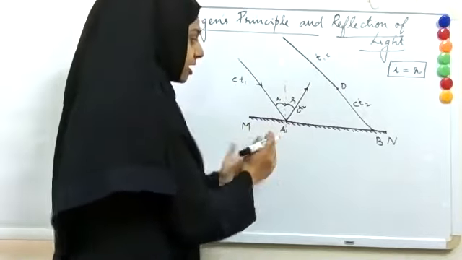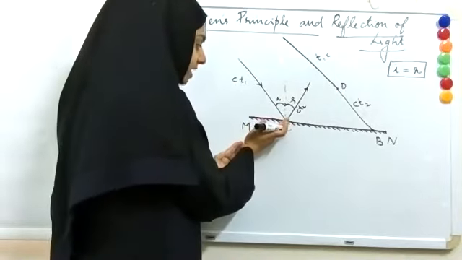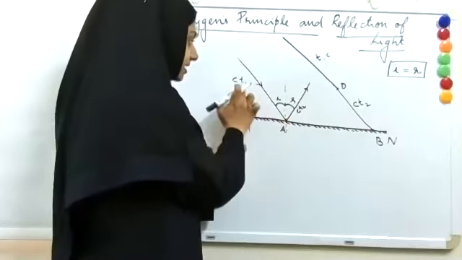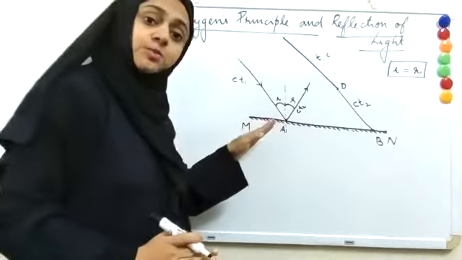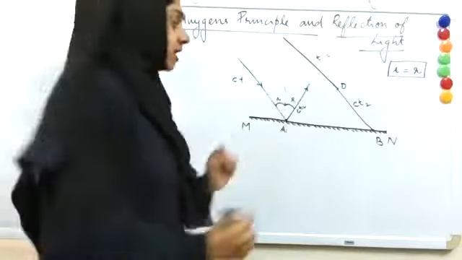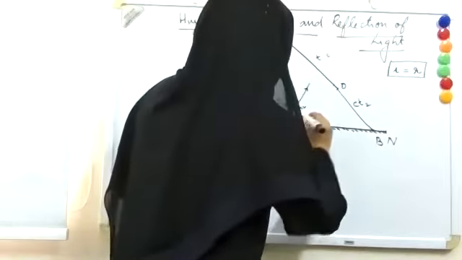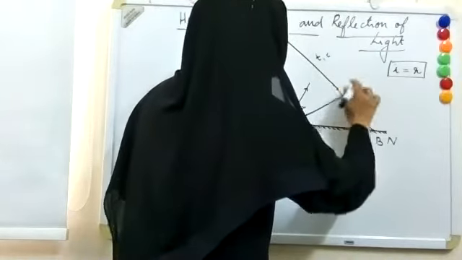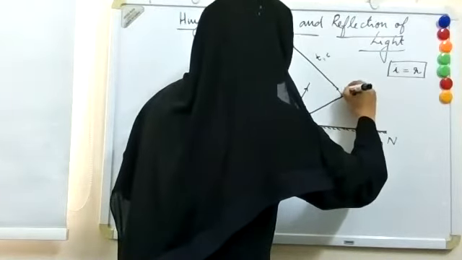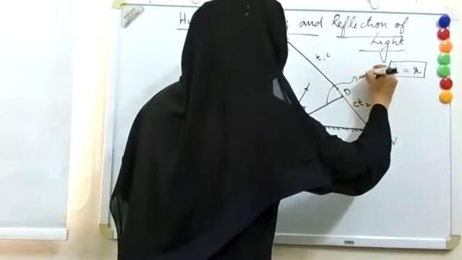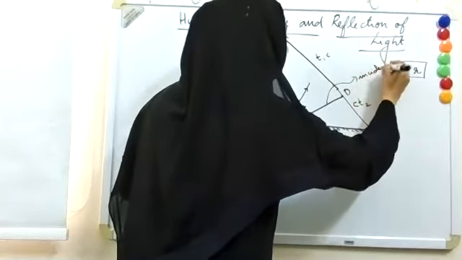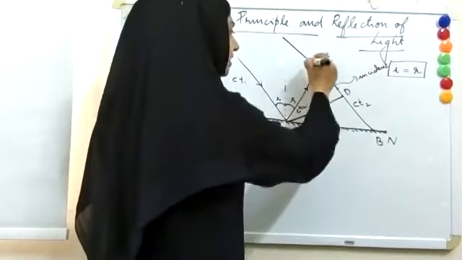Now when the light reached A, that is in time t1, when you draw a wavefront, it is perpendicular to the rays of light. So here, this is the point D, and this is the incident wavefront, because these two are the incident waves.